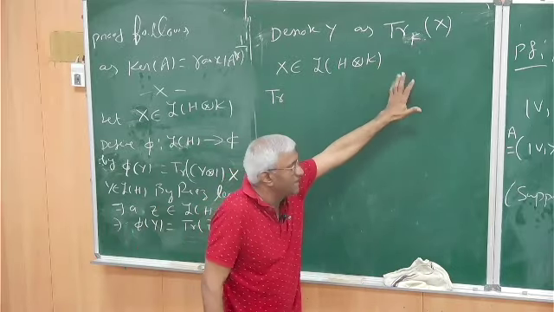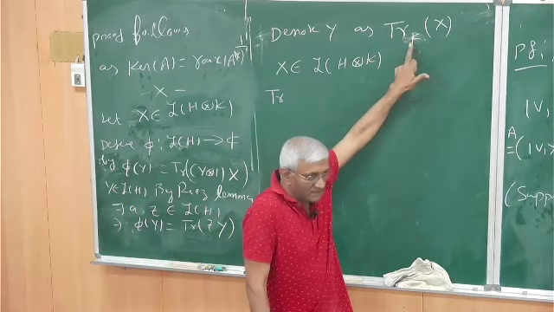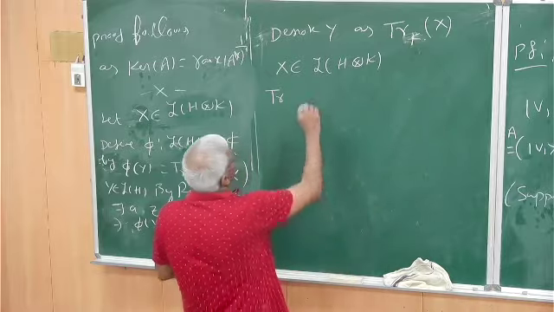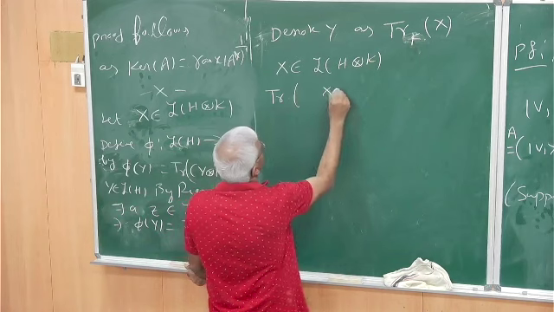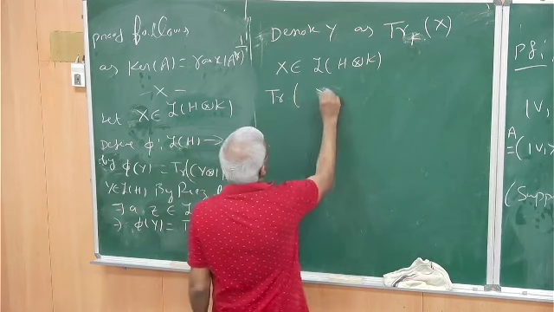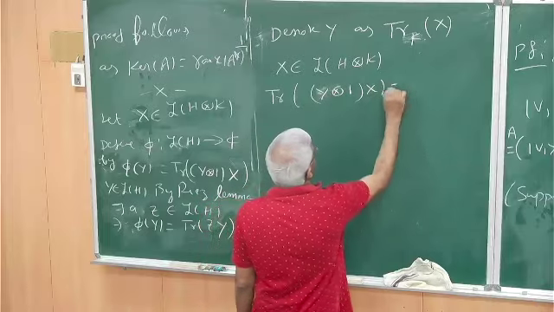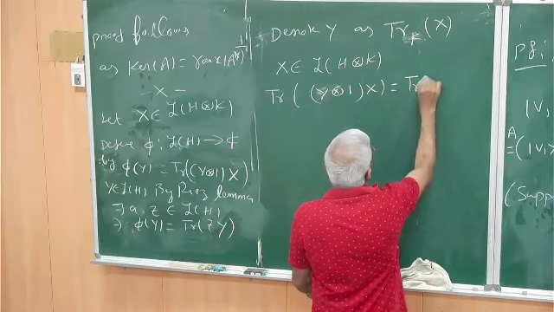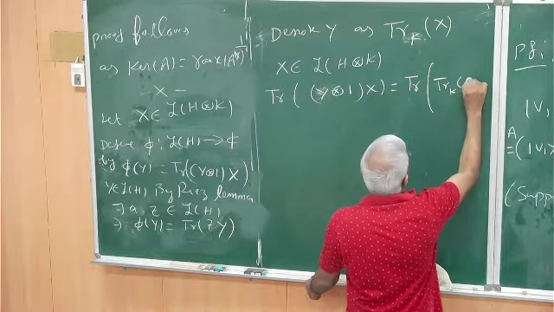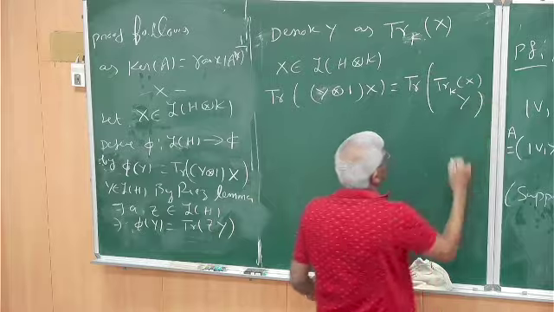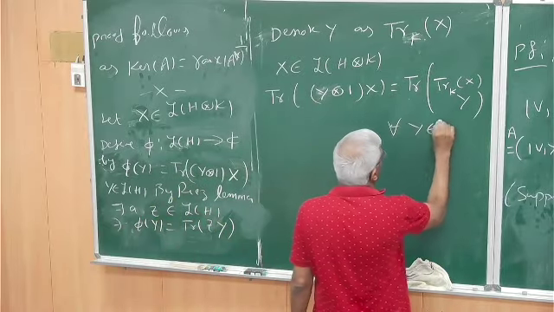So that's why I wrote B. Sorry, this is trace of K. So it is just the trace with respect to the second one. Trace K of X satisfies: trace of Y tensor 1 times X is equal to trace of trace K X times Y, for all Y in L of H.